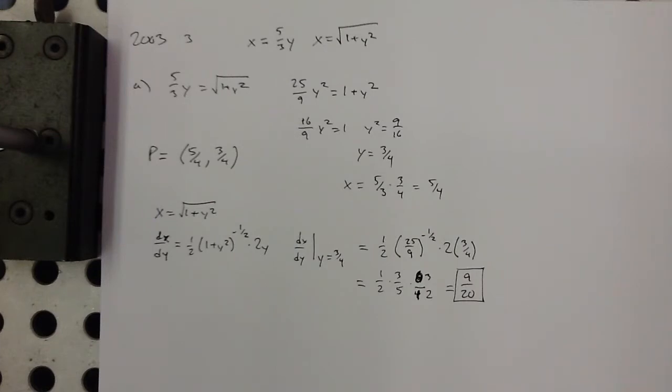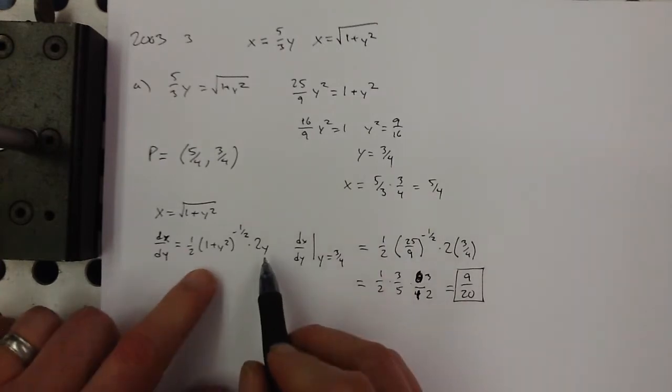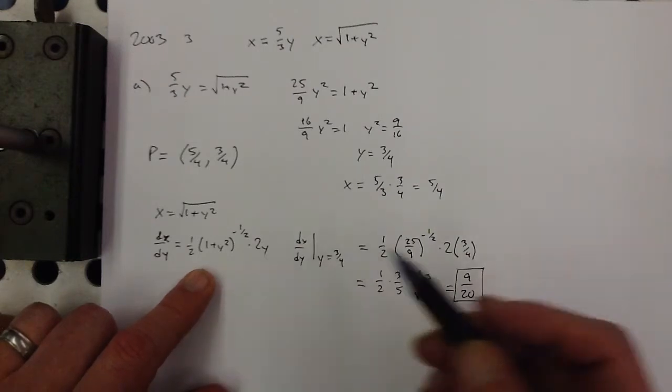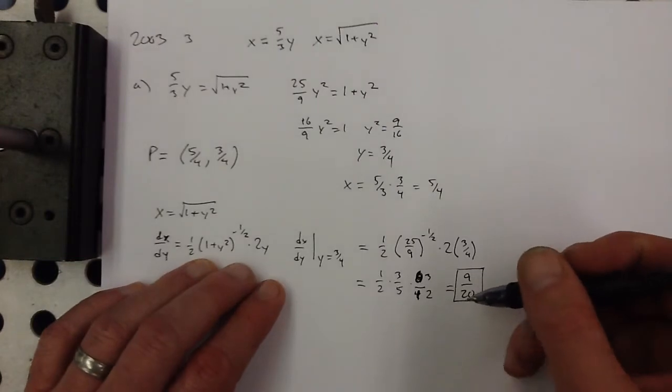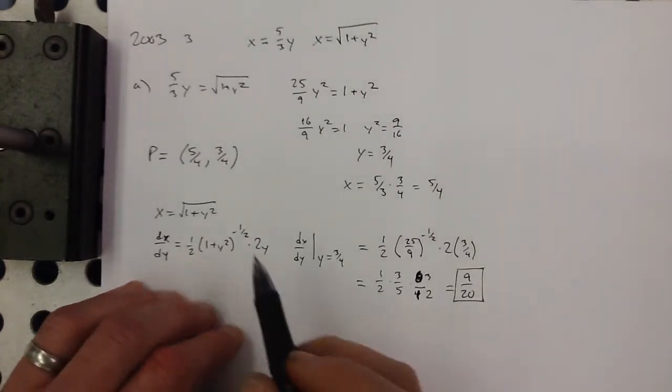What did it do? dx/dy at point P. Well, I have this all set up right, so let's just see if we can find the error here real quick.